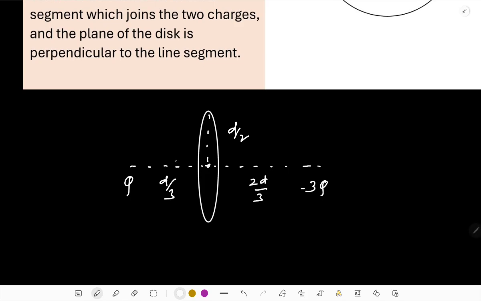One thing I noticed here is that there is flux due to charge q passing through the disk in this manner, and due to minus 3q also in this manner.